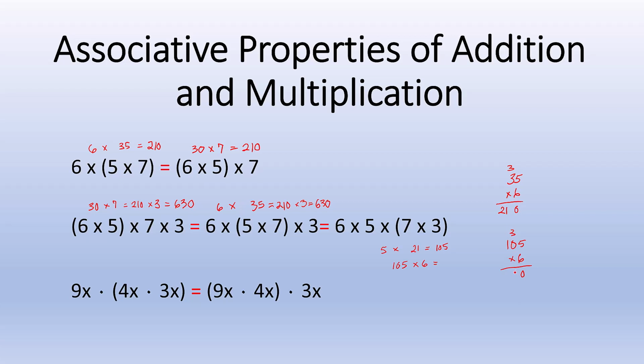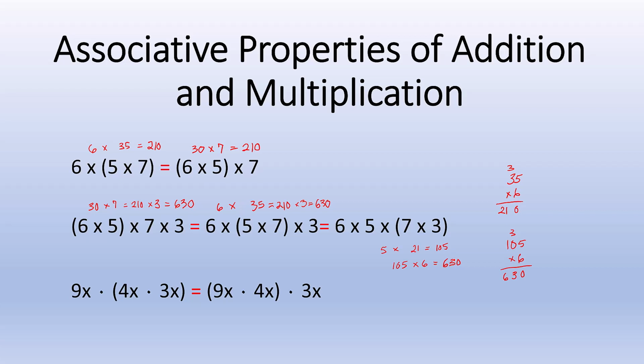You add the 3, and you're going to have the 3 in your answer. And finally, 6 times 1 is going to be 6, and my final answer is 630. So it doesn't matter here which group I do first, I still get the same exact answer.